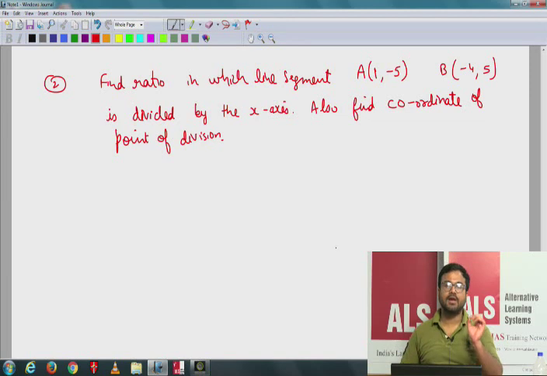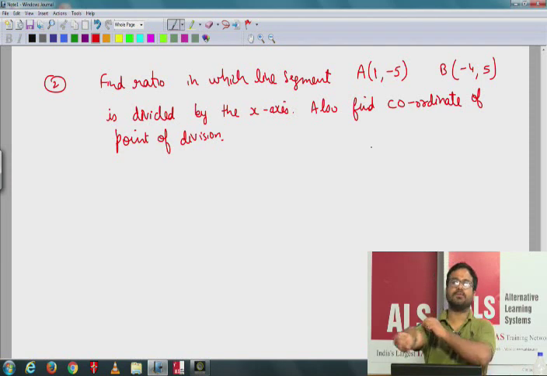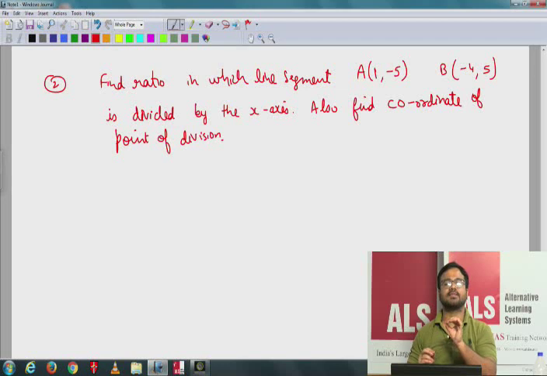We have to find the ratio in which that line segment is getting divided by the x-axis, and we also have to find the coordinates of that point of division. All of you know this basic property: any point on the x-axis has y coordinate 0, and any point on the y-axis has x coordinate 0.